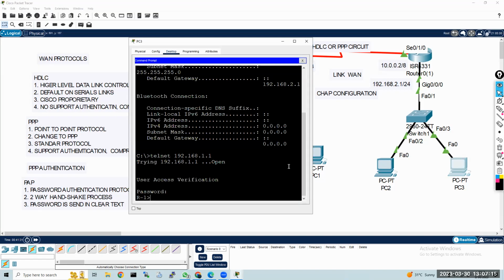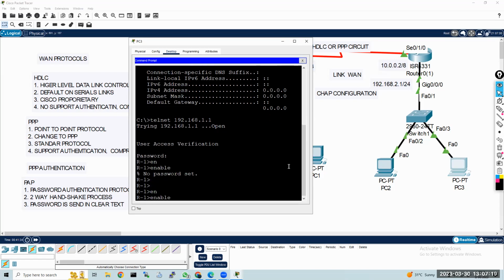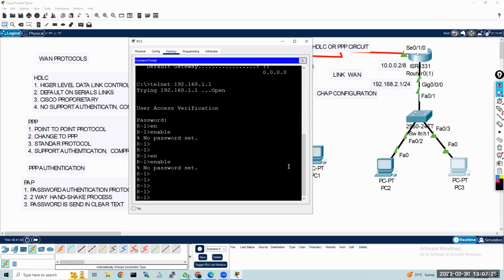See, I open this one. I am able to access my R1 now. The password is not set yet. For the console, we can set the password, but still I can have access, because of PAP or CHAP authentication, which is not allowing entry.